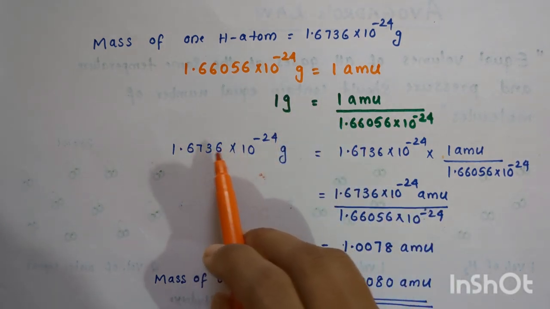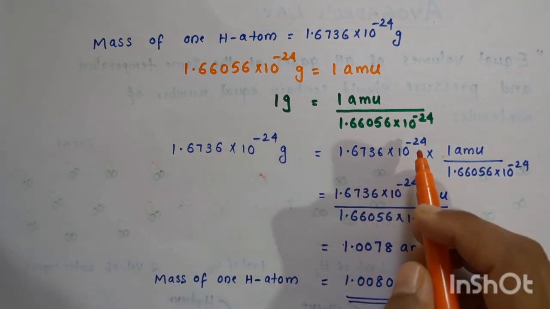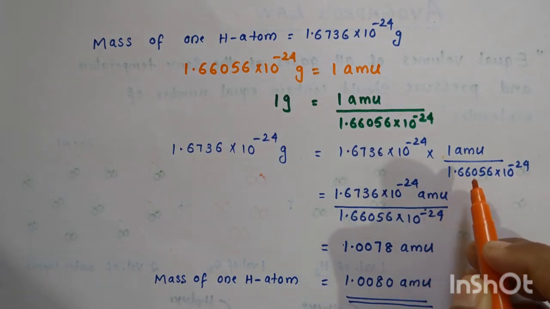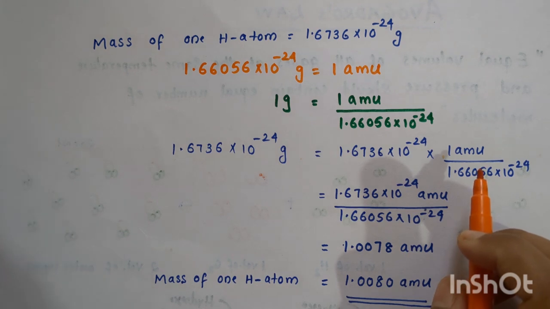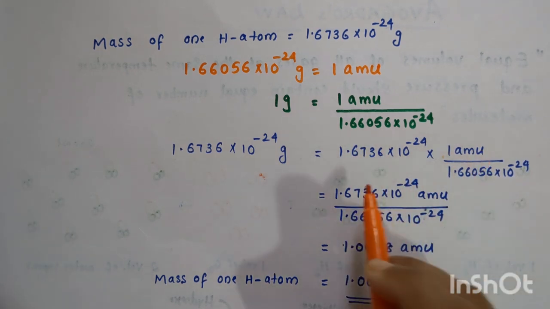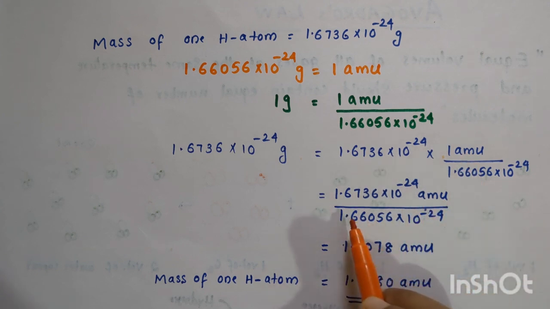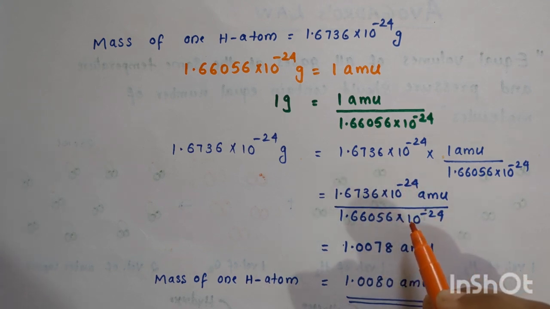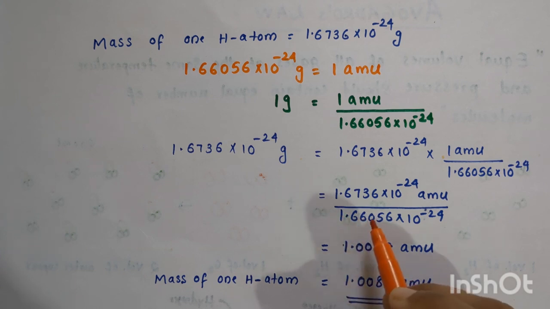So 1.6736 into 10 raised to minus 24 gram will be 1.6736 into 10 raised to minus 24 into 1 AMU divided by 1.66056 into 10 raised to minus 24. It is just mathematics. The 10 raised to minus 24 cancels, and you have 1.6736 divided by 1.66056.